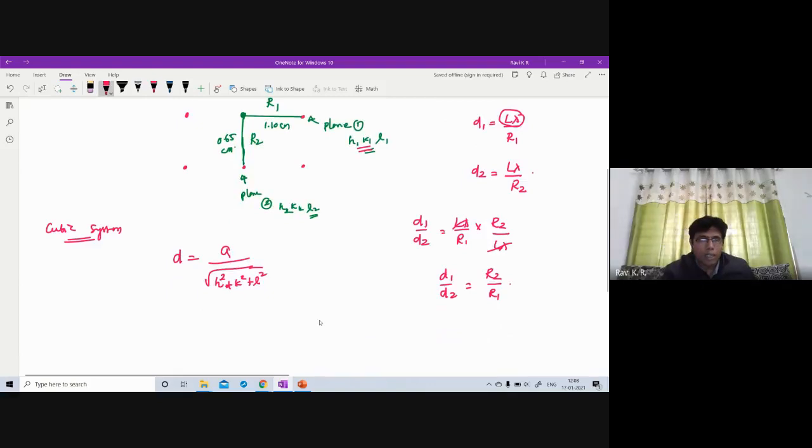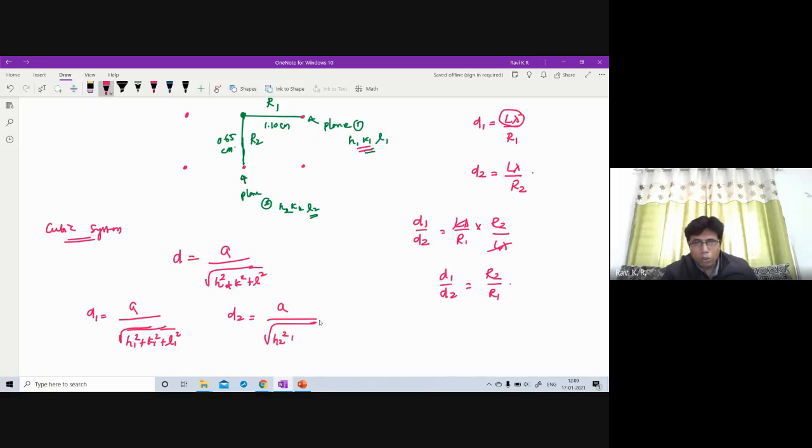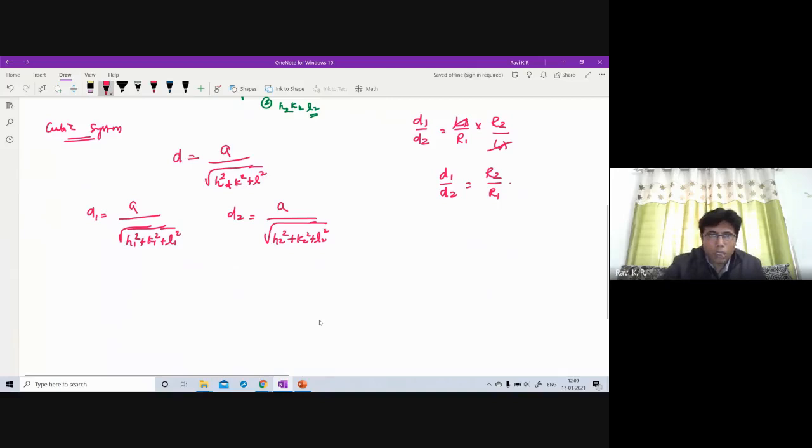So now you can write this. D1 is equal to A divided by root of H1 square plus K1 square plus L1 square. Similarly, D2 could be A divided by root of H2 square plus K2 square plus L2 square. Okay. So now what we can do is let us put again D1 by D2.